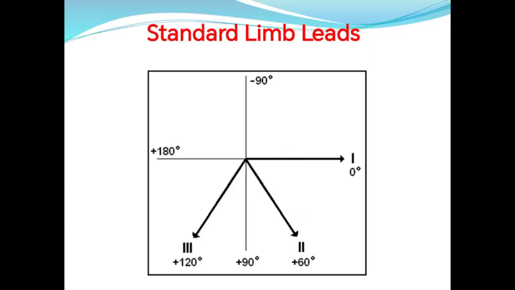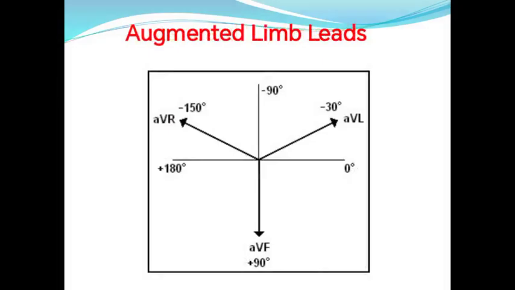This is the vertical and horizontal lines only, and the corresponding angles that the limb ECG leads lie on. It is very simple. We just have to keep it like that. Don't bother about them. And here, this is for the augmented leads.